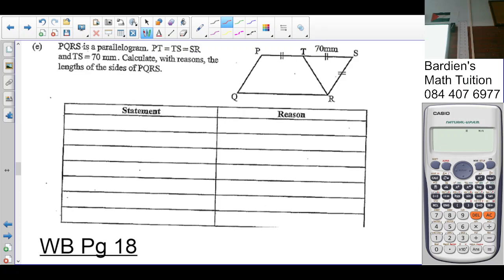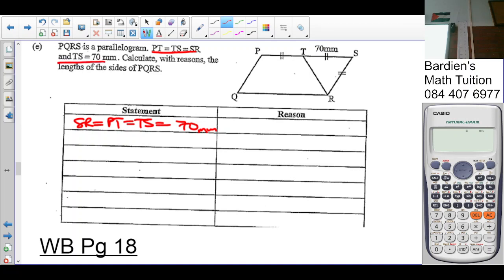Calculate with reason the lengths of the sides of PQRS. So we're firstly going to say that SR is equal to PT, is equal to TS, which is equal to 70. Why are all of them equal? Because they were given equal.